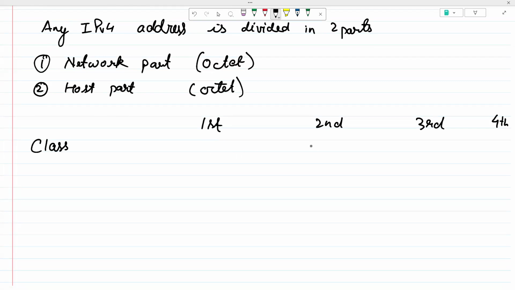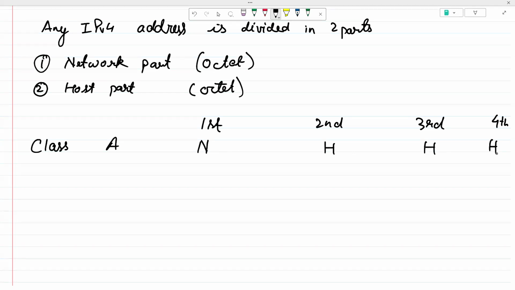For class A, the first octet is called the network octet. The rest of the octets are called the host octets.